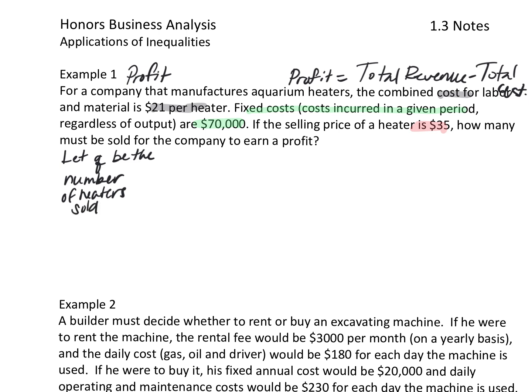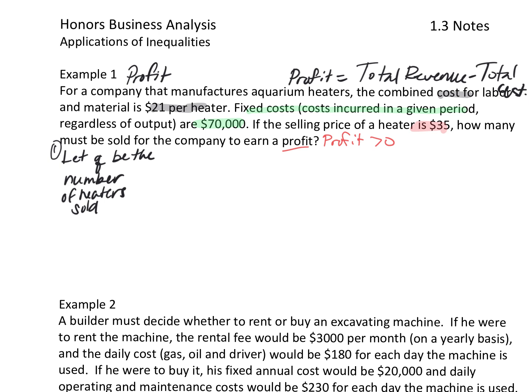Now, they want to earn a profit, so let's put number 1 there. If I want to earn a profit, that means my profit has to be greater than 0. So for this right here, we want profit to be greater than 0 in order to earn a profit.